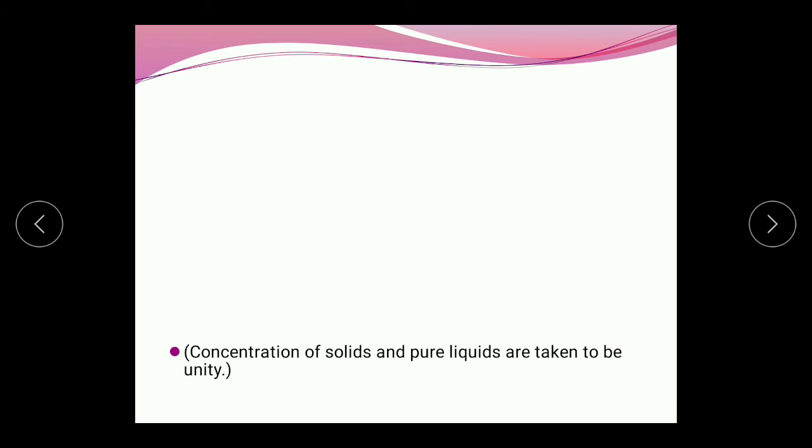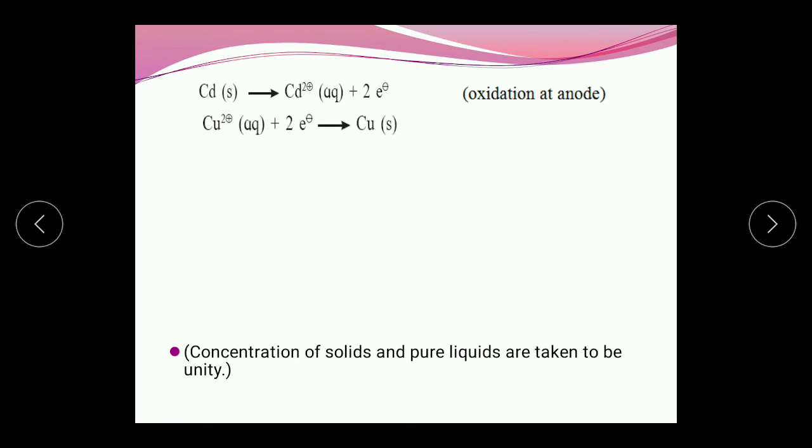Then the cell reactions are like this. First, Cd will get converted to Cd+2 by releasing 2 electrons. This is oxidation at anode. And at cathode, Cu+2 will accept those 2 electrons coming from the anode and get reduced to neutral copper, and it is reduction at cathode.